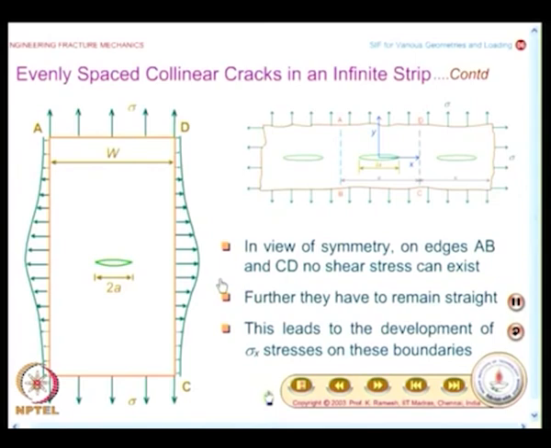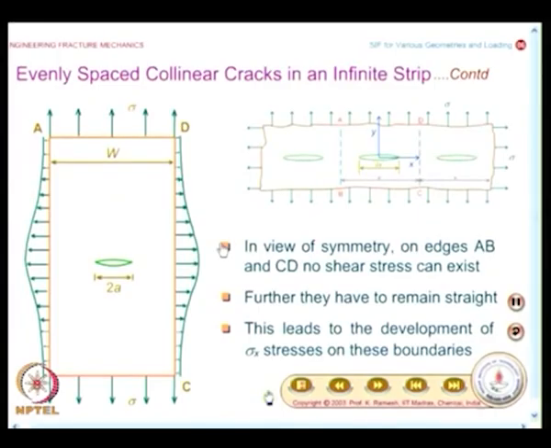When the A by W ratio is small, the sigma x is smooth. Only when A by W is very large, you find the sigma x values are very high on the crack axis.